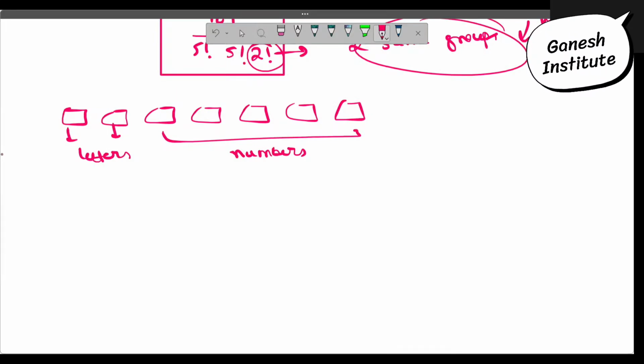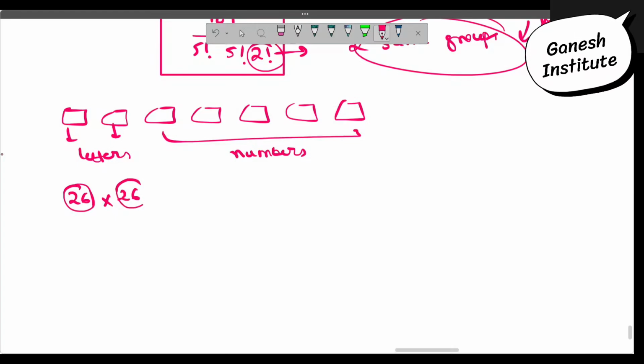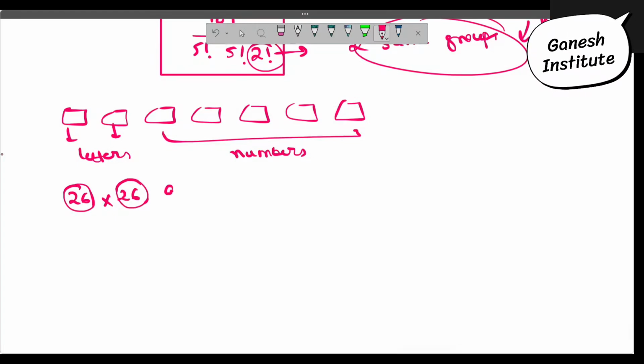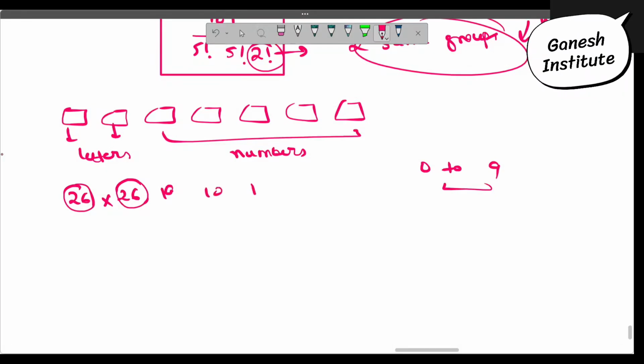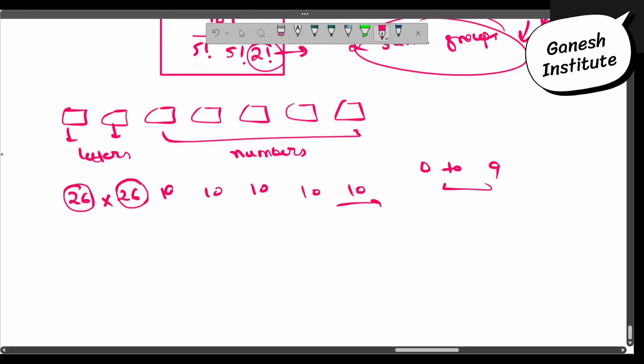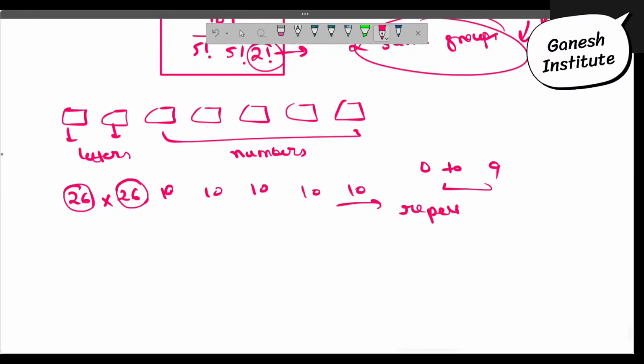So we'll write that there are 26 ways for this, and we have 0 to 9, 10 numbers for this, if repetition is allowed.